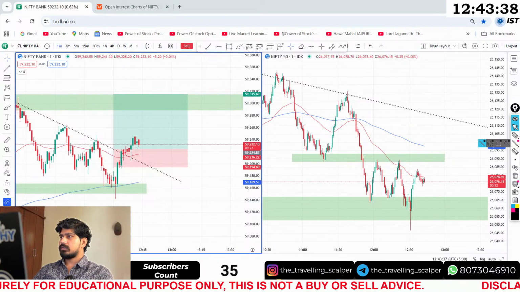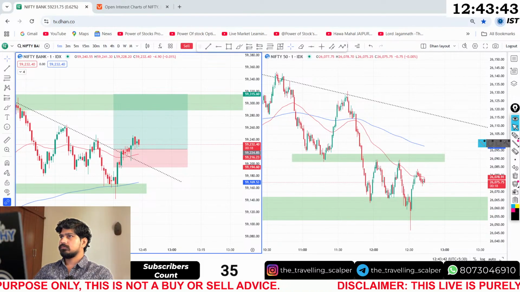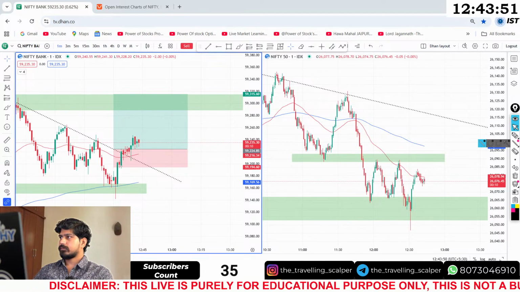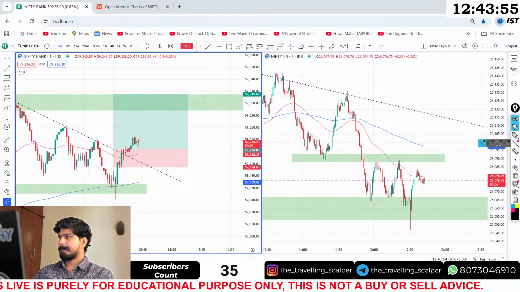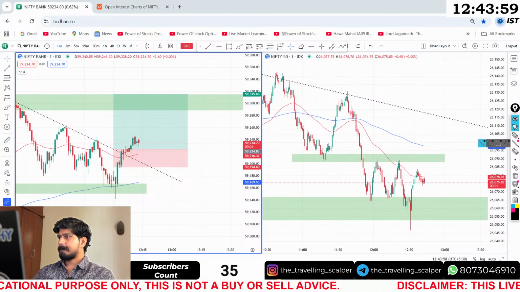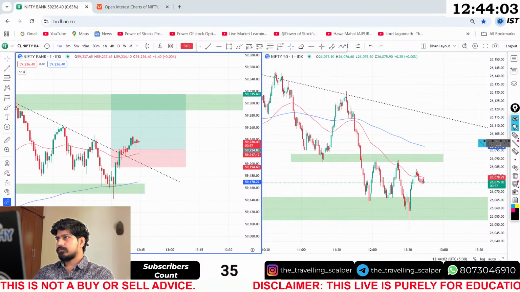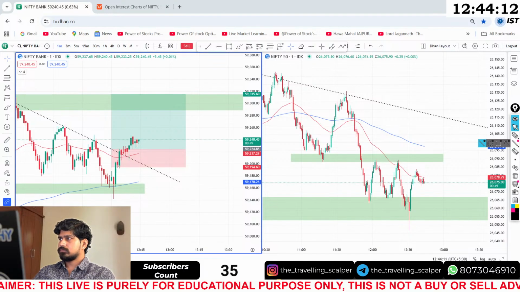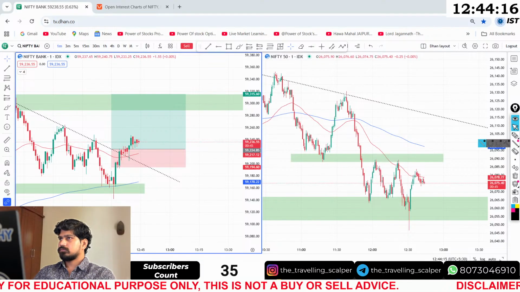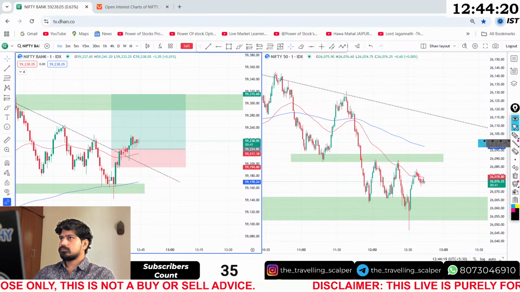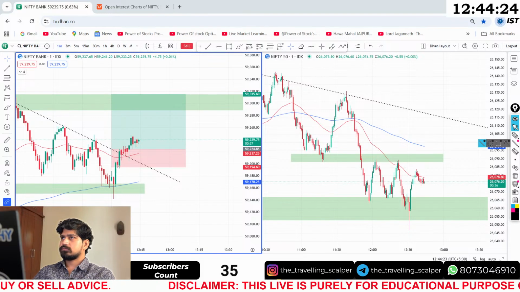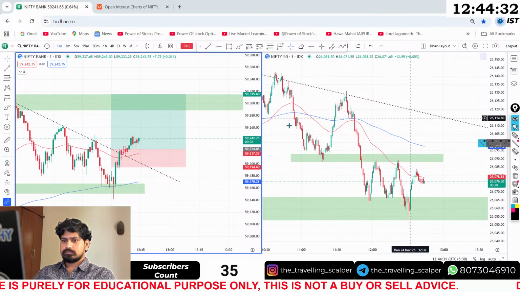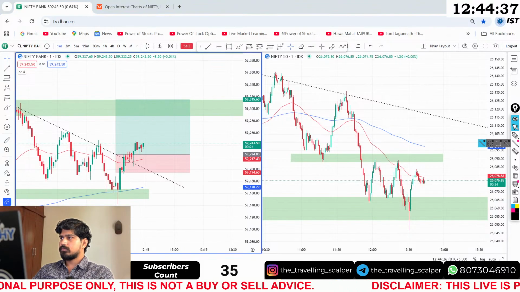Crypto market is still sideways. Okay, Bank Nifty is trying to go up. Super. Let's see.